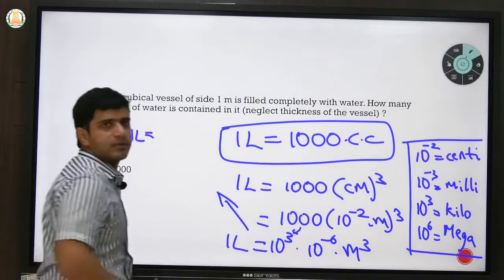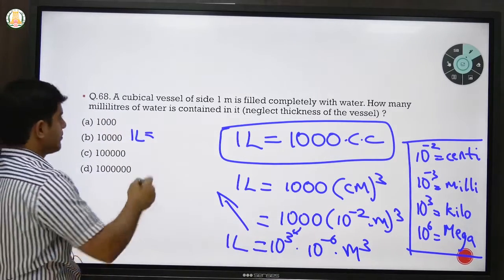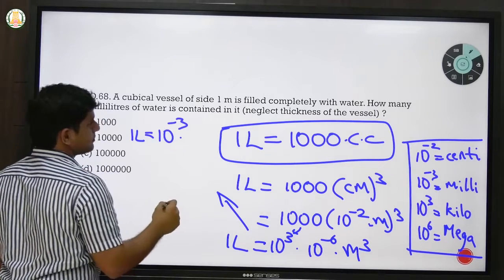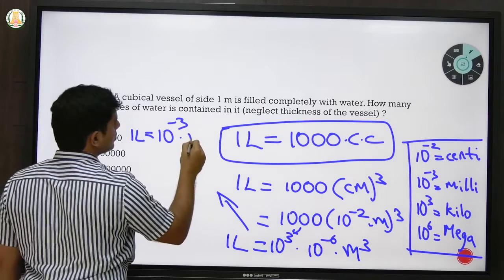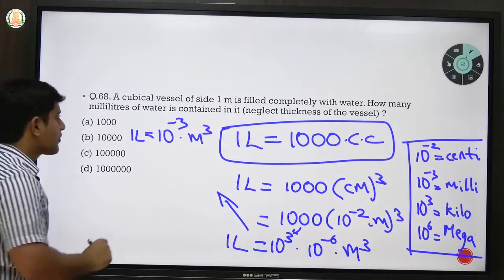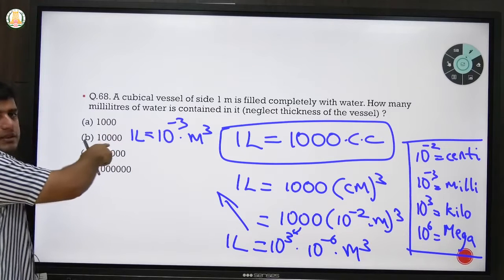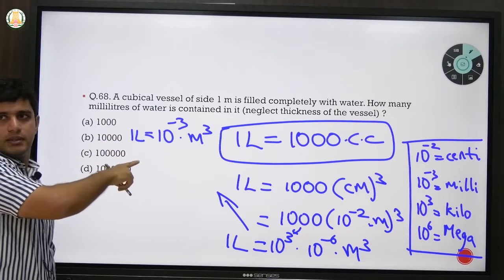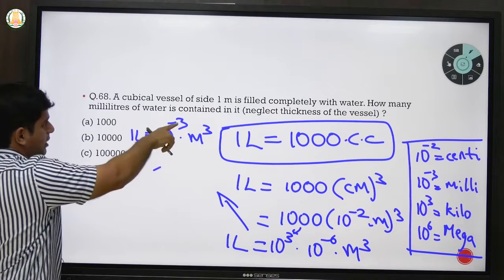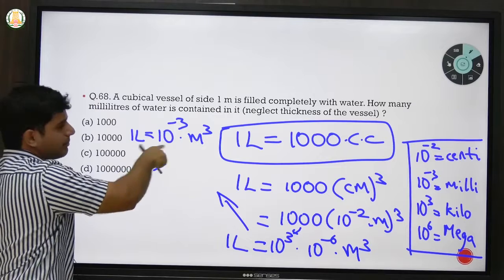So 3 minus 6 becomes 10 power minus 3, into meter cube. If 10 power minus 3 goes to this side, it will become 10 power 3, because 10 power minus 3 means 1 by 1000.